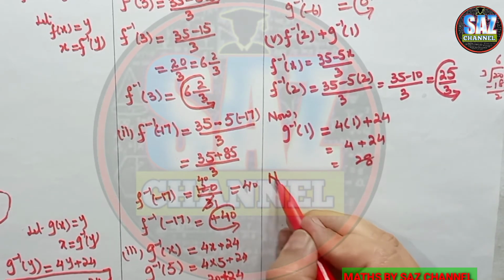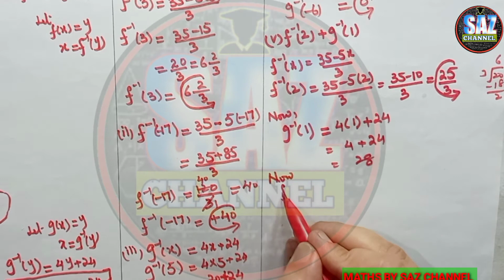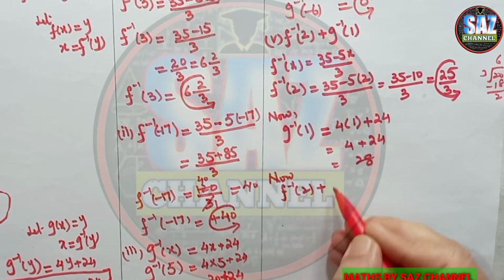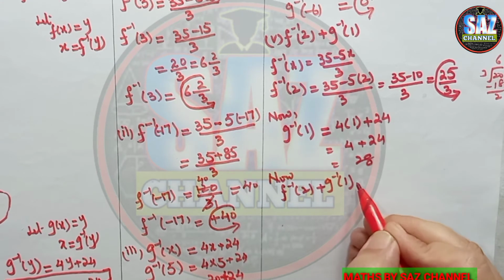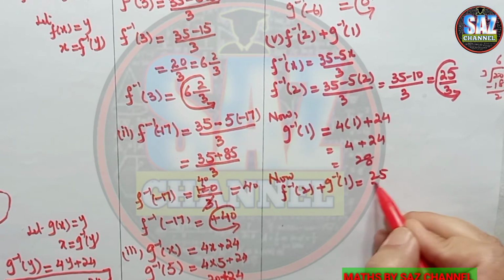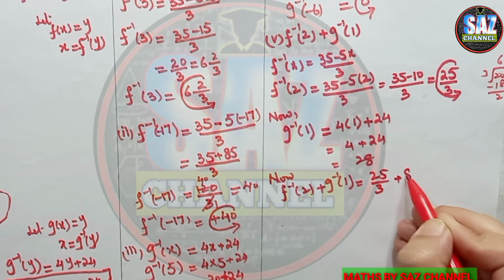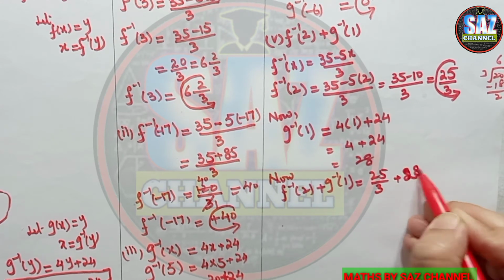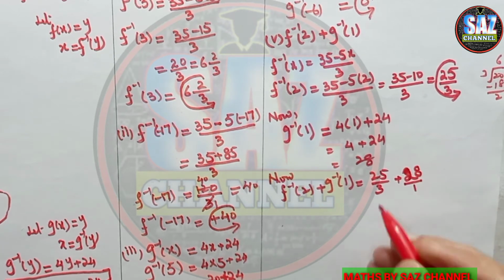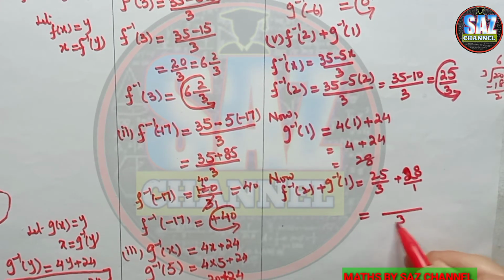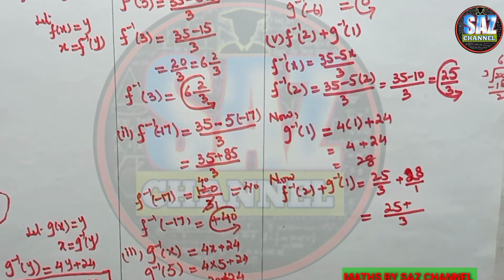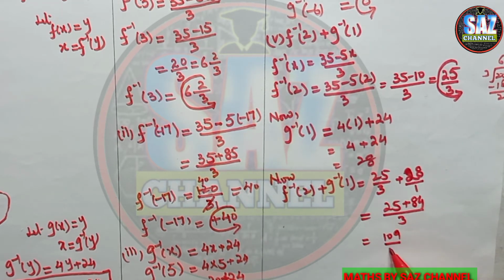And now I have to add up these two values. f inverse of 2 plus g inverse of 1 will give me 25 by 3 plus 28. Okay, now take the LCM. Denominator is 1, LCM will be 3. 28 multiplied by 3 is 84, plus 25 will give me 109 by 3.